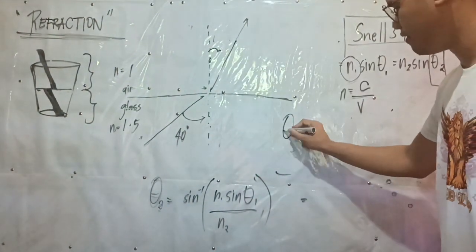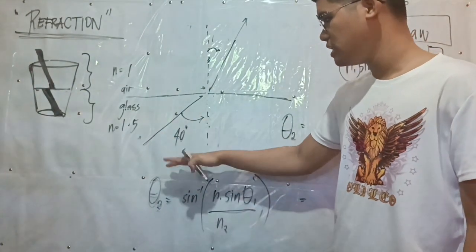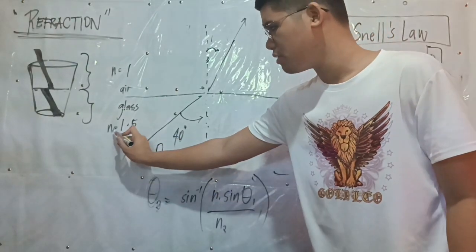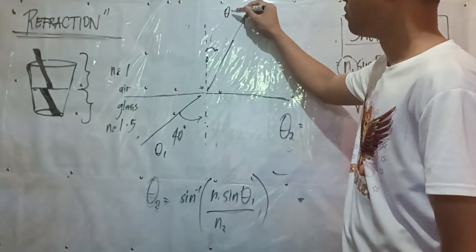Now, our angle of refraction, our theta 2; this is our theta 1, the angle of incidence. This is our N1, this is our N2, and this is our theta 2.